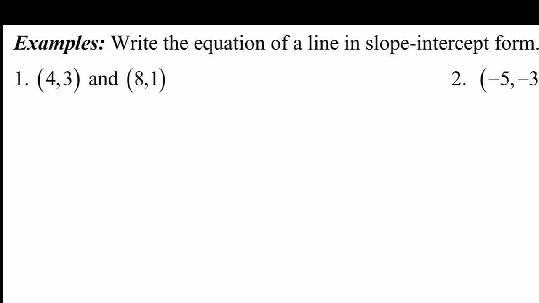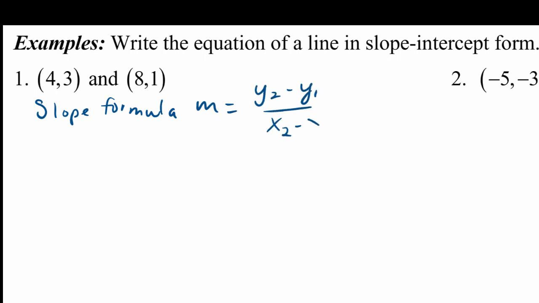So we are asked to write the equation of a line in slope-intercept form that goes through the 2 points (4, 3) and (8, 1). So our first step will be to calculate the slope using our slope formula. Again, our slope formula is m equals y2 minus y1 over x2 minus x1.